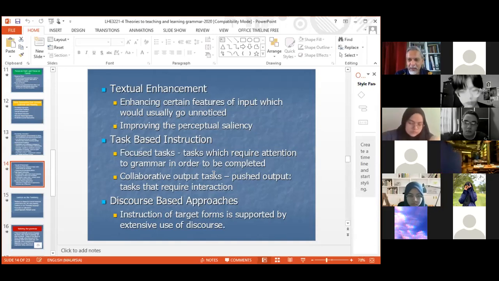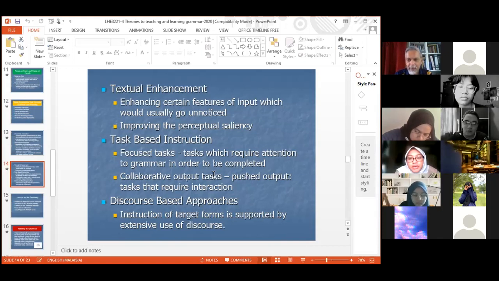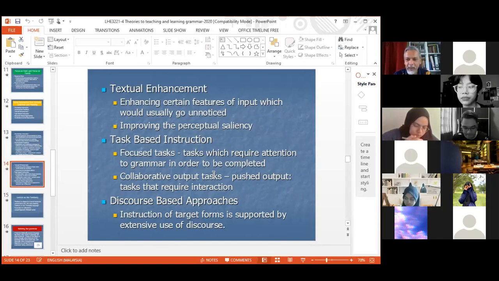Okay. And some theorists believe that it's important to get output, and it's important to push this output from the students. But this is something that a teacher will have to decide based on the kind of students that the teacher gets.